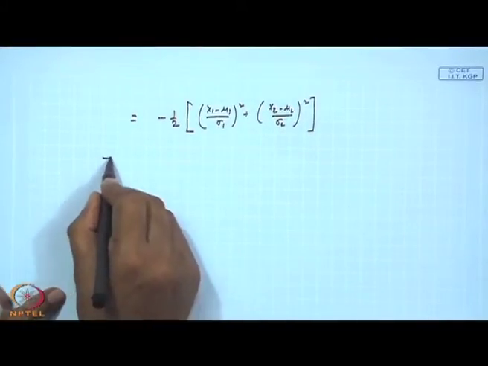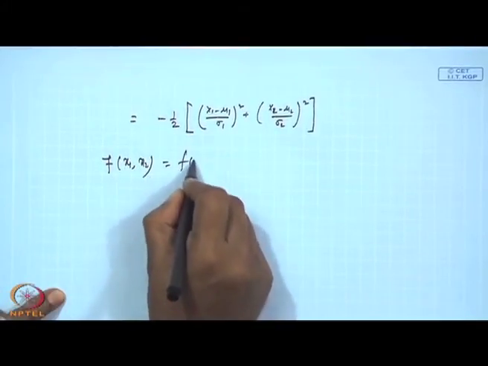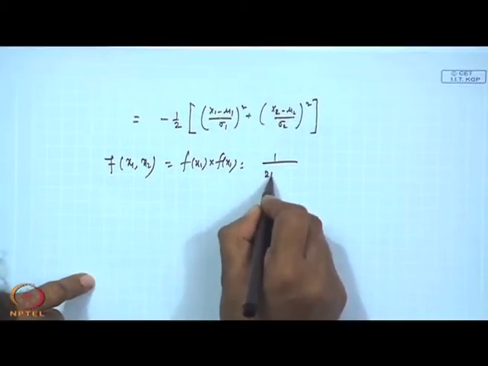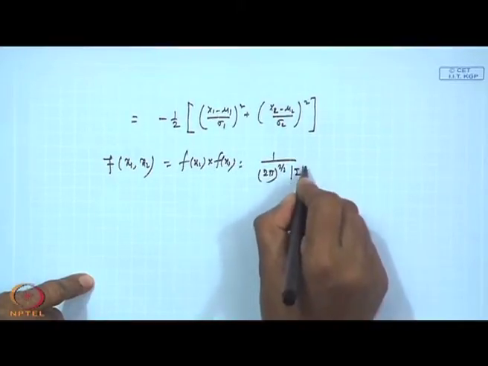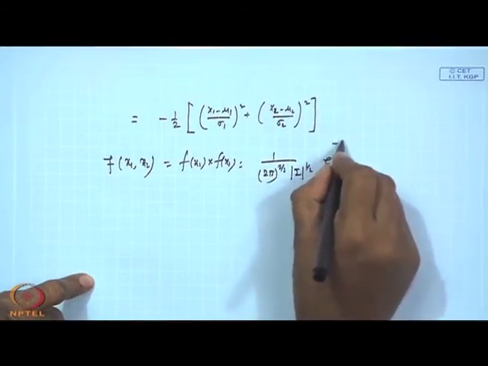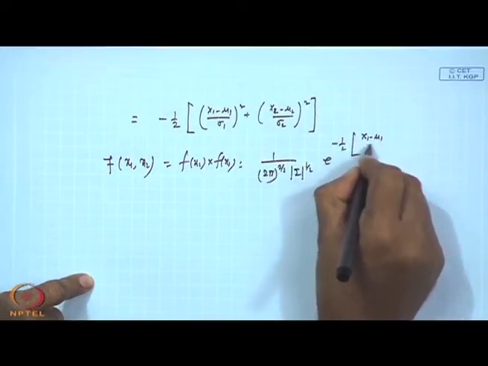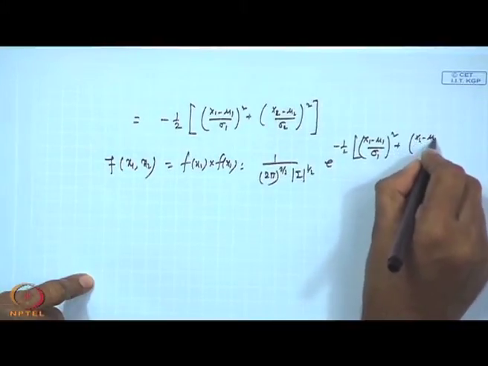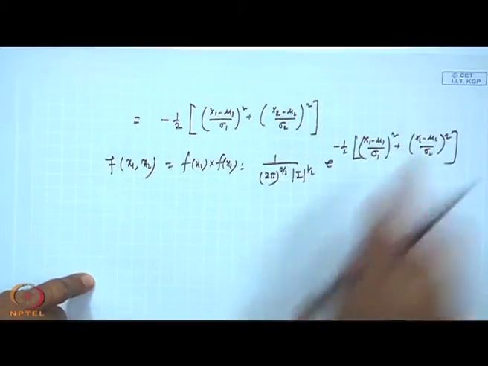And you have seen that we found this out earlier also, this is f x 1 cross f x 2, we found this out like this. This one only you found out, you just check.